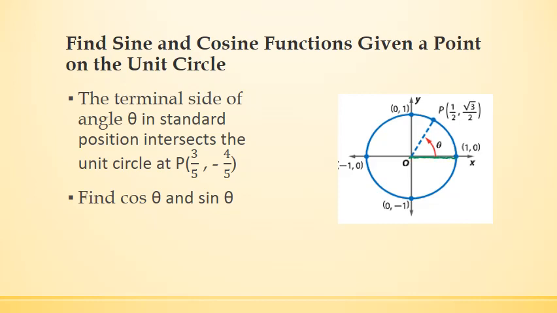So here is the terminal side. And it, from the origin to any point on the unit circle, would have a radius of 1.